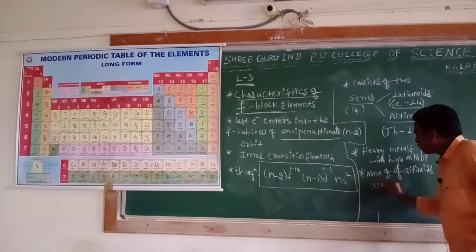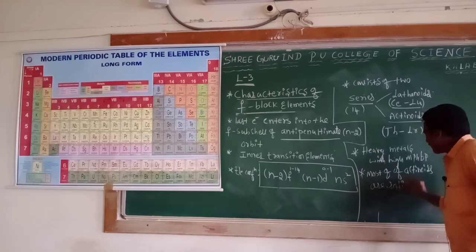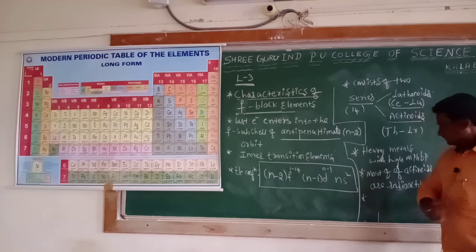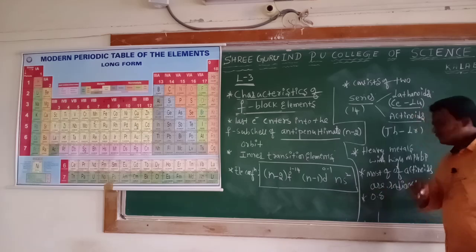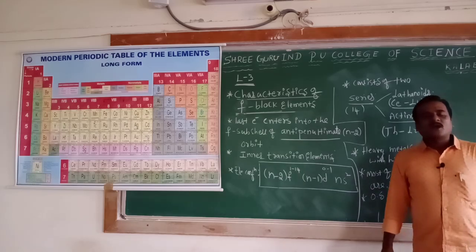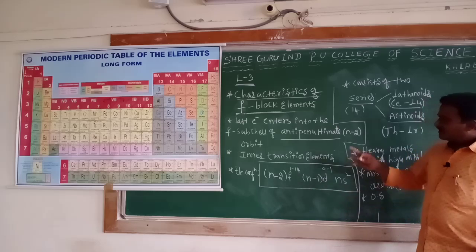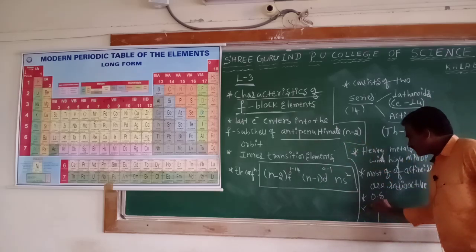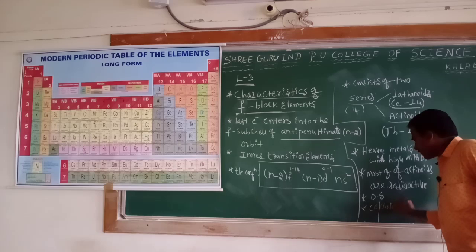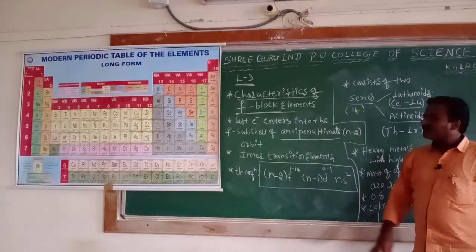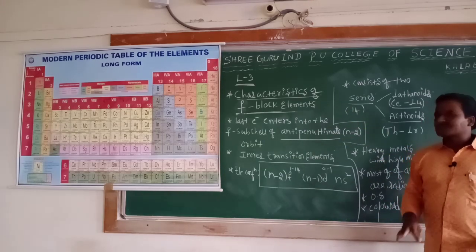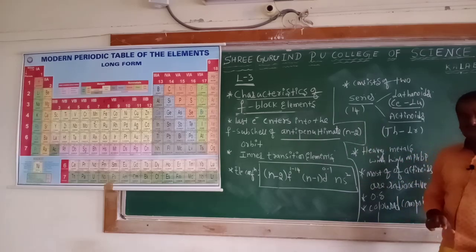Next, they show variable oxidation states. Even f block elements form colored compounds. These are the important characteristics of f block elements.